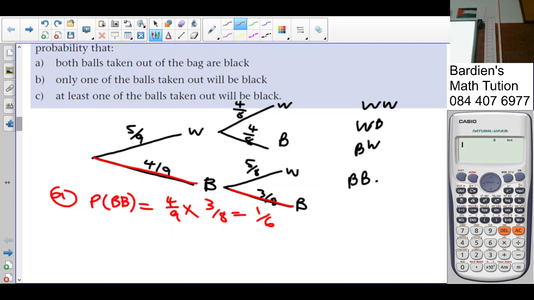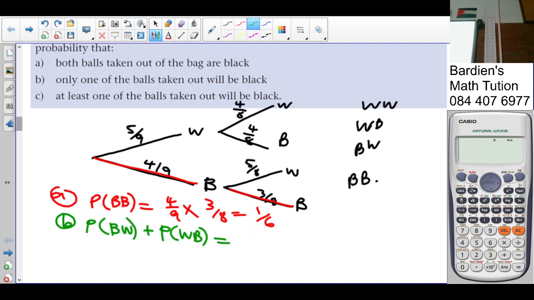Let's go with the second one, B. Is there anybody that's confused? B. Only one of the balls taken out is black. It says only one of the balls. So what is the probability there? Black, white, plus white, black.